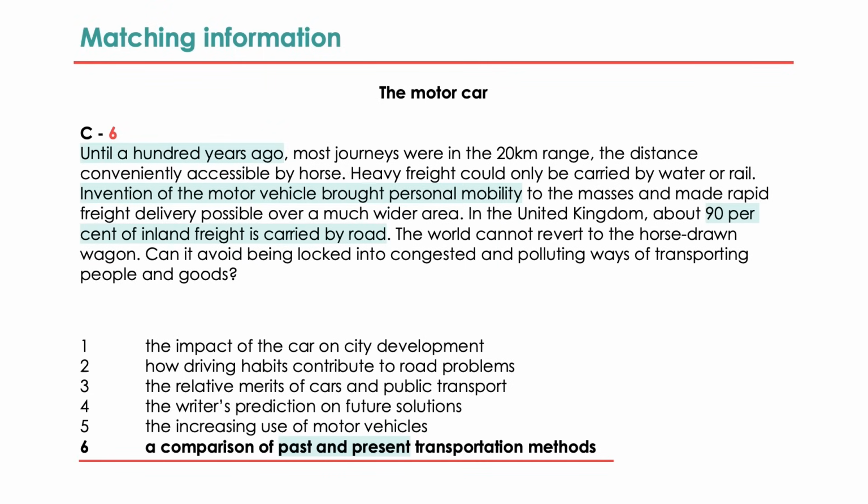Okay, look at the next sentence. 90% of inland freight is carried by road. Is carried is a present simple passive voice. So this sentence is describing the transport as it is now. Hence, a comparison of past and present transportation methods.